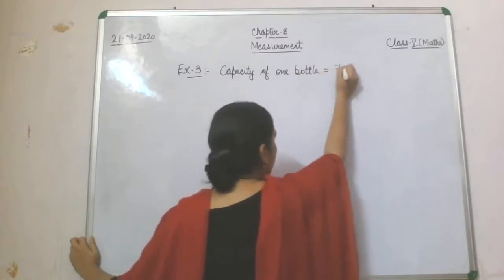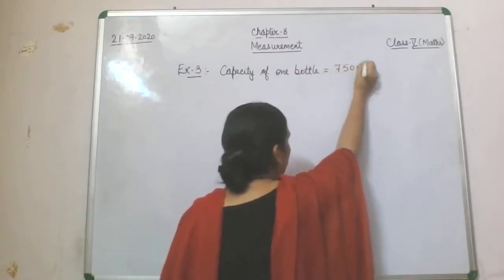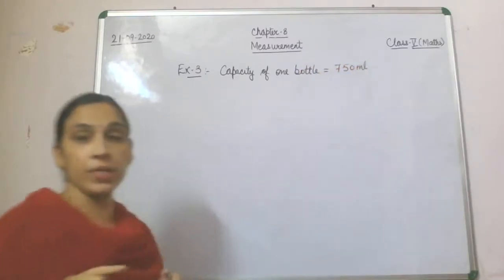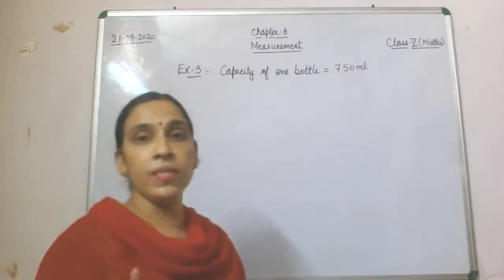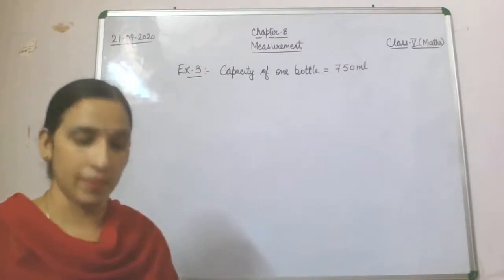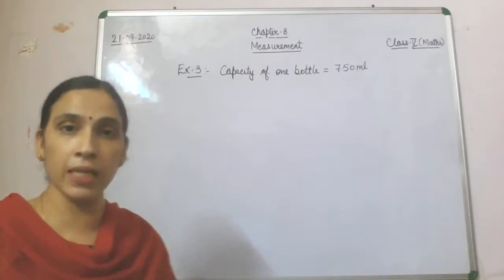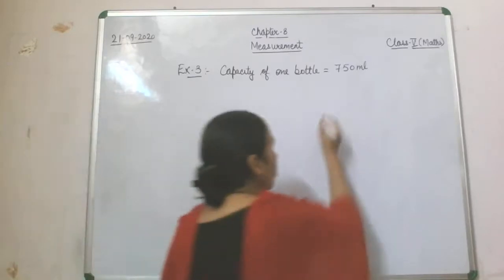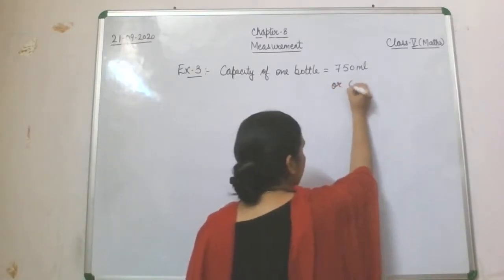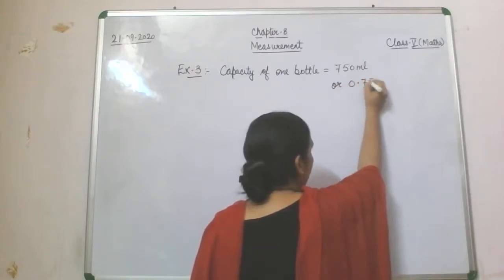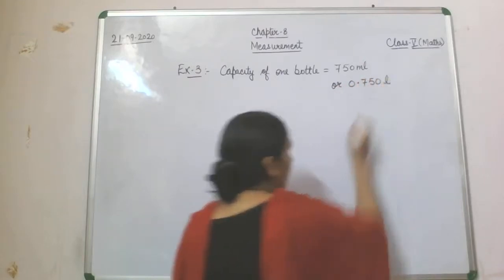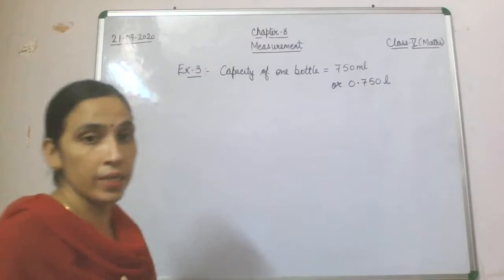That is 750 ml. Okay. Now here 750 ml can be written in liters. Yes. Or we can write it here only 0.750 liters.